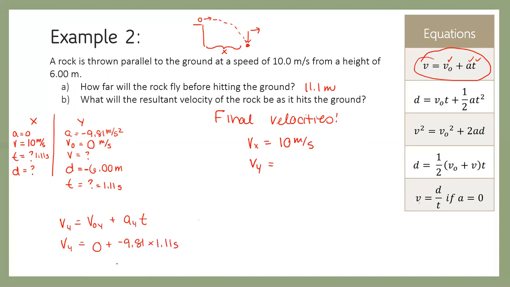Plugging that into your calculator, I believe you will find you get negative 10.97. I'm going to plug it into my calculator again, just because every once in a while I seem to have an error show up.